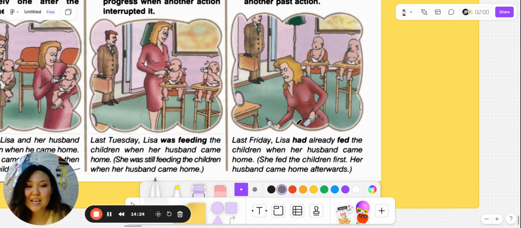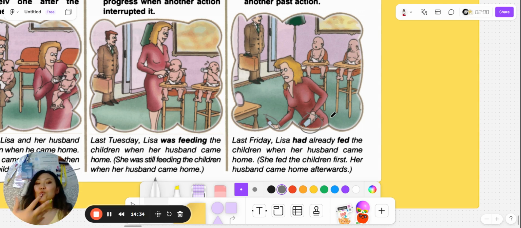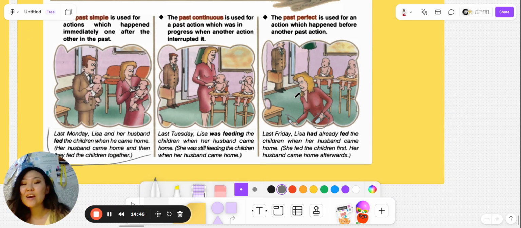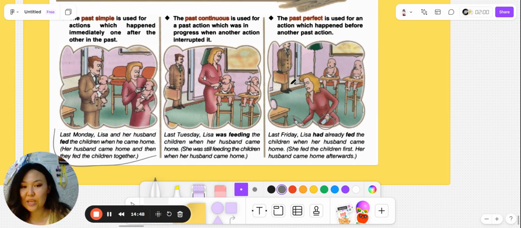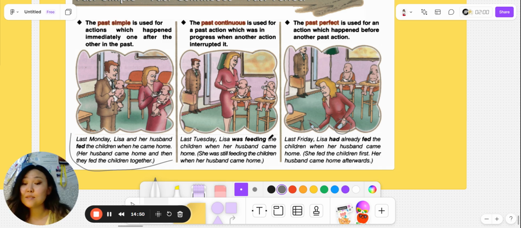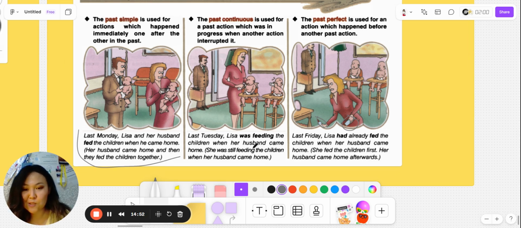And the third one is last Friday, Lisa had already fed the children when her husband came home. So we see that the bottles are empty. So she had already fed the children, and only after that, her husband showed up at the door. Look at this woman. She's like, where have you been? Okay, so yeah, we have the difference between these three ones. And actually, it's visible.